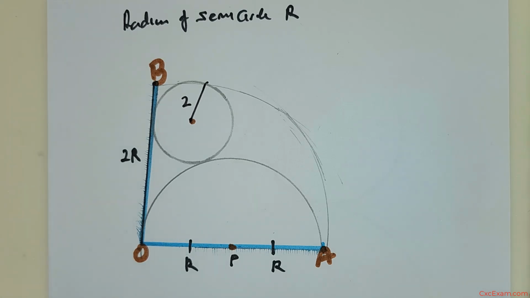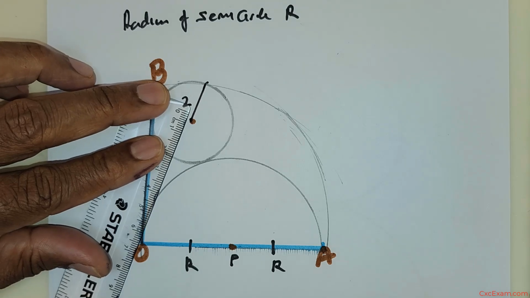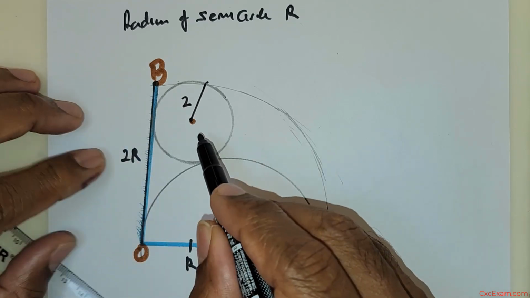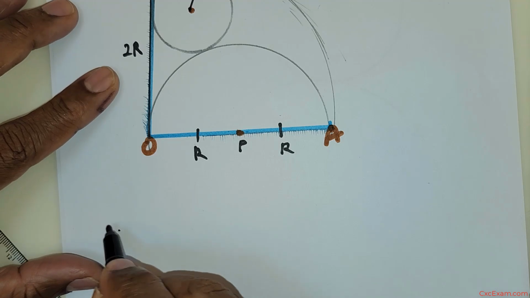And what I'm going to do is I would construct a triangle. That's my objective. Now there is a point of tangency between the circle and the semicircle.